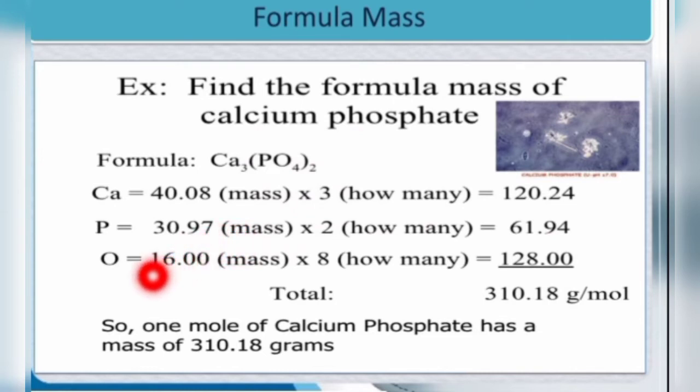So the atomic mass of oxygen is 16. Multiply by 8, we will get the answer 128.00. Now, in the last step, sum up all the atoms present in the compound and we will get the answer 310.18 gram per mole. So, 1 mole of calcium phosphate has a mass of 310.18 grams.